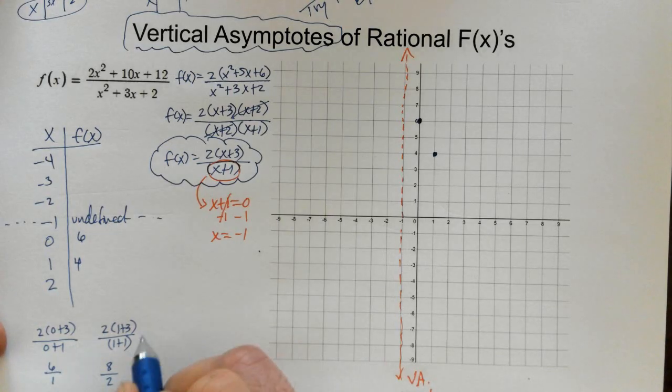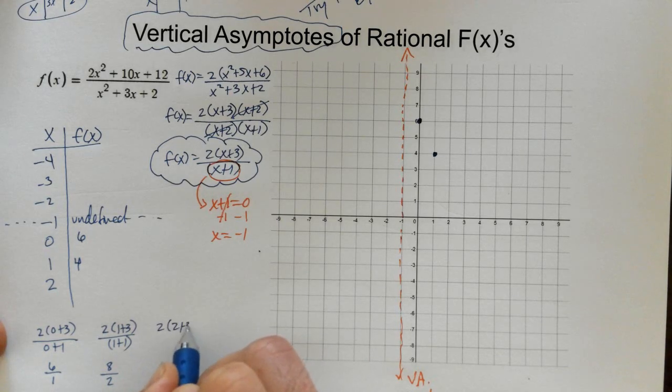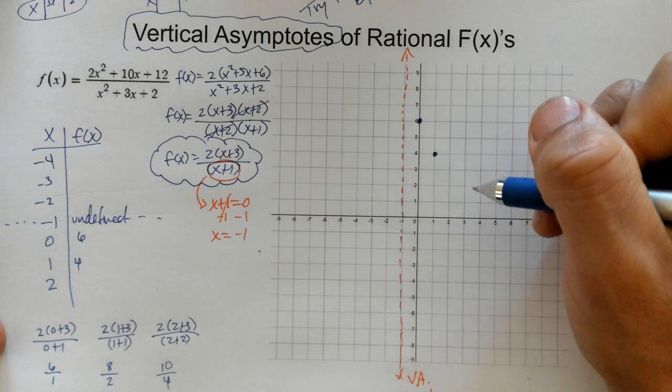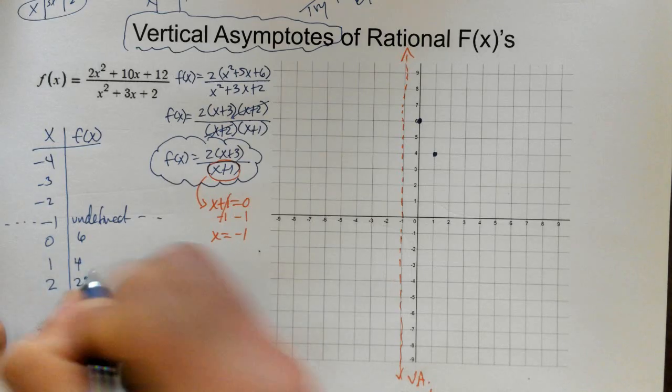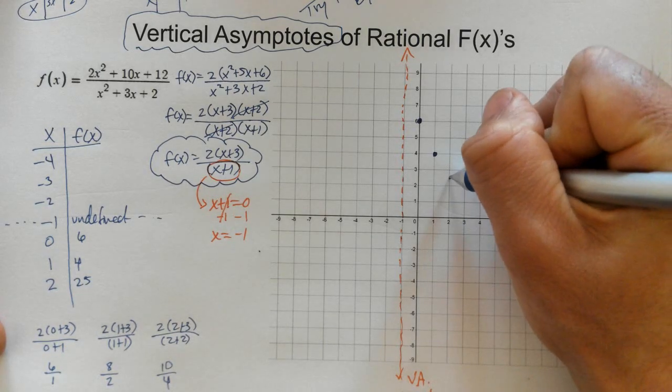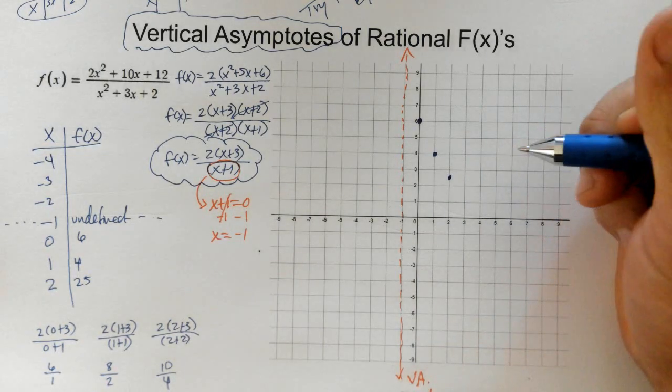When I plug in 2, similar. 2 times 2 plus 3 divided by 2 plus 2. With PEMDAS, I always do parentheses first. This is 5 times 2 is 10 divided by 4. That's going to give me, what is that, 2.5? So when I plug in 2, I get 2.5. And you can sort of see the trend here, right?